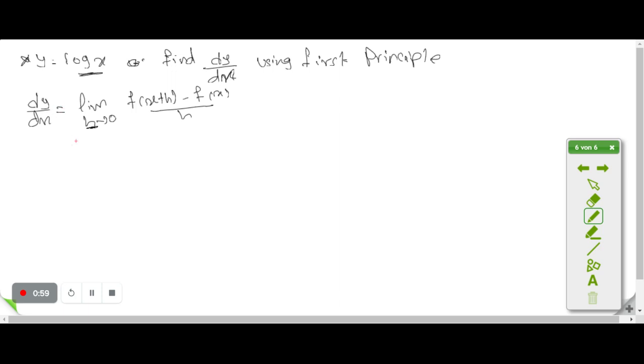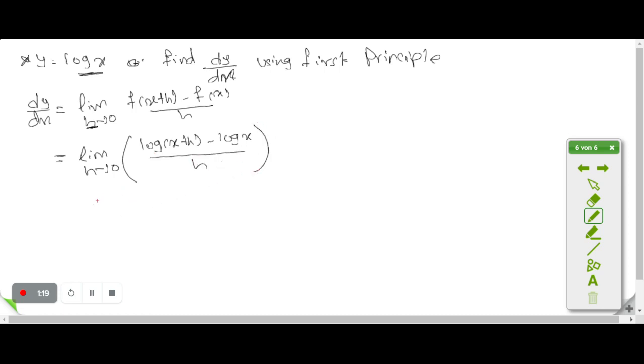So by this formula, we are going to calculate the derivative of this function, which is given by log x. If I apply the limit, log of x plus h minus log of x upon h, right?